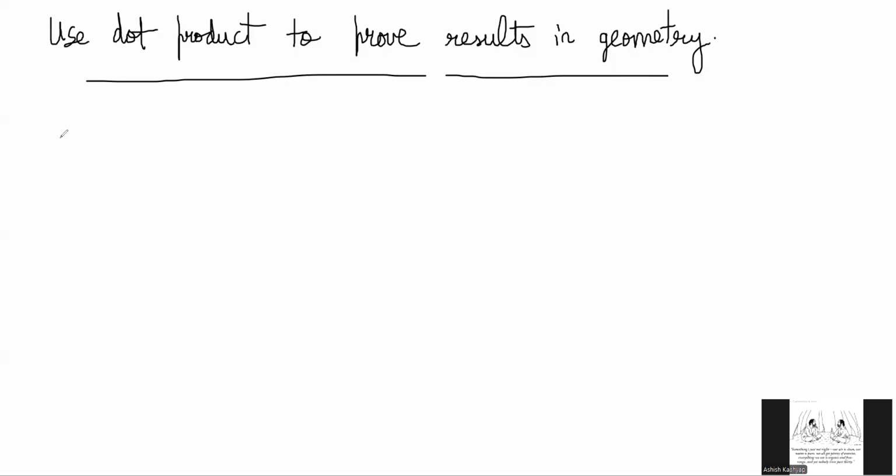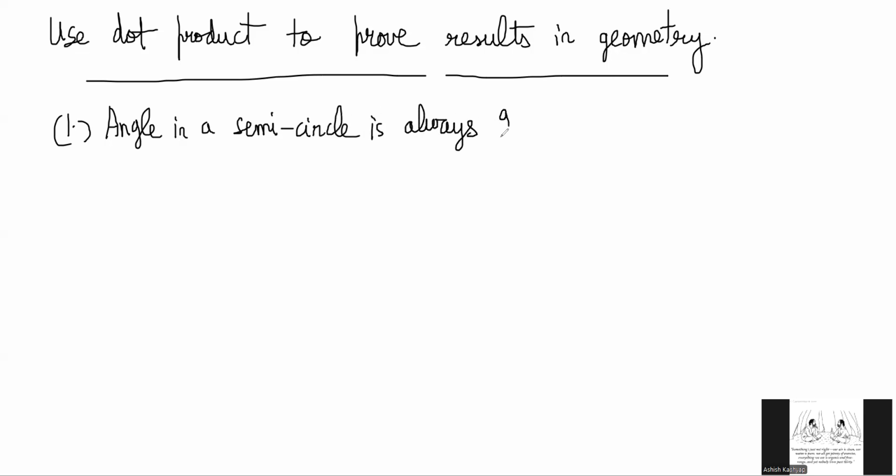So the first theorem that we will prove is that the angle in a semicircle is always 90 degrees, right? So let's see how to prove this.